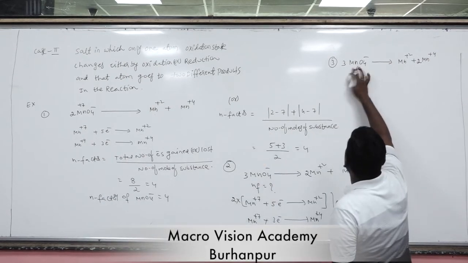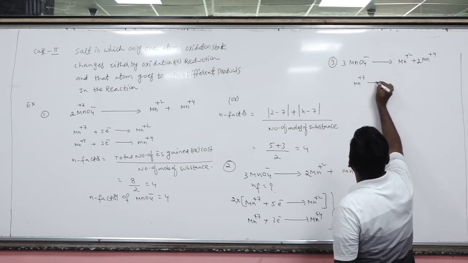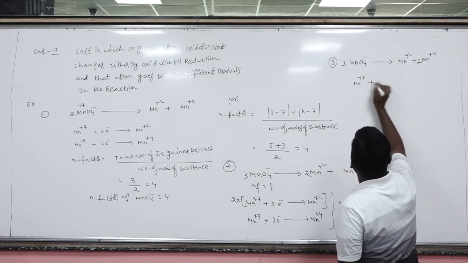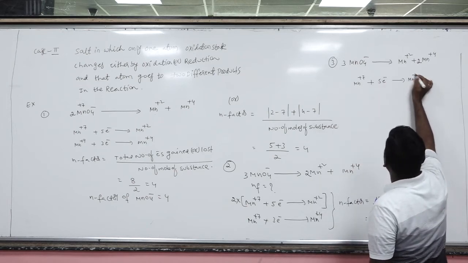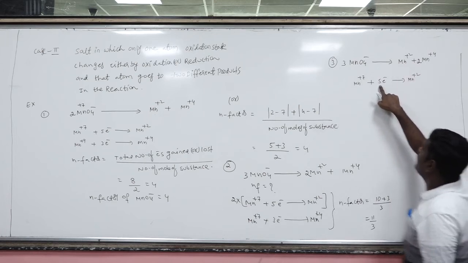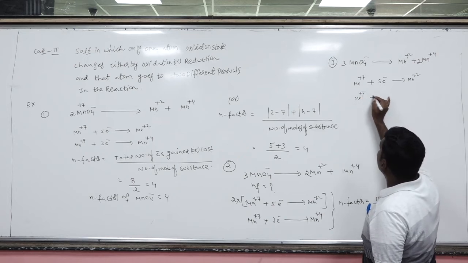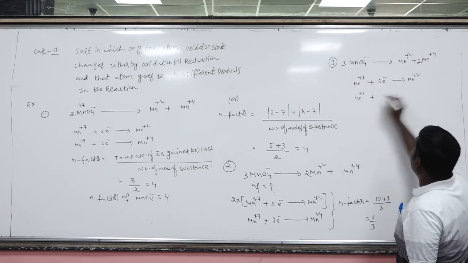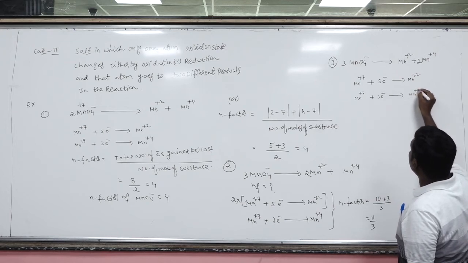Out of the 3 manganese +7 ions, 1 Mn+7 is reduced to what? Mn+2. Are you getting my point? By accepting how many electrons? 5. And the remaining 2 manganese species, each will gain 3 electrons to reduce to Mn+4.